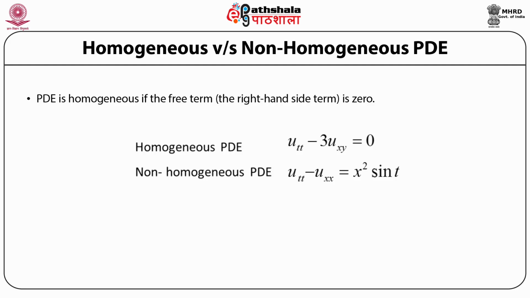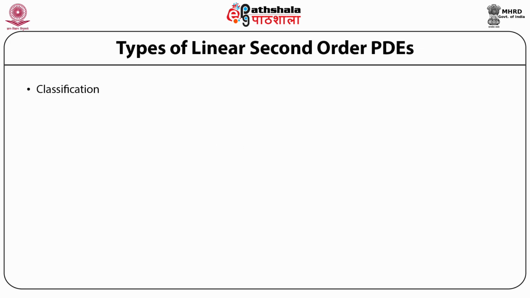So in the first one, we don't have any functions left which is the undifferentiated form of x or t. But in the second, we have undifferentiated x squared and sin t left behind. So when such terms are not there, it is called homogeneous, and when such non-differentiated terms are left over, then it's non-homogeneous. We want to understand the types of partial differential equations.